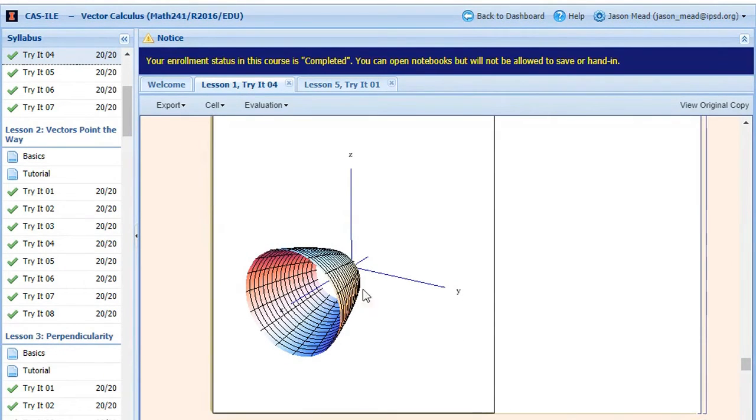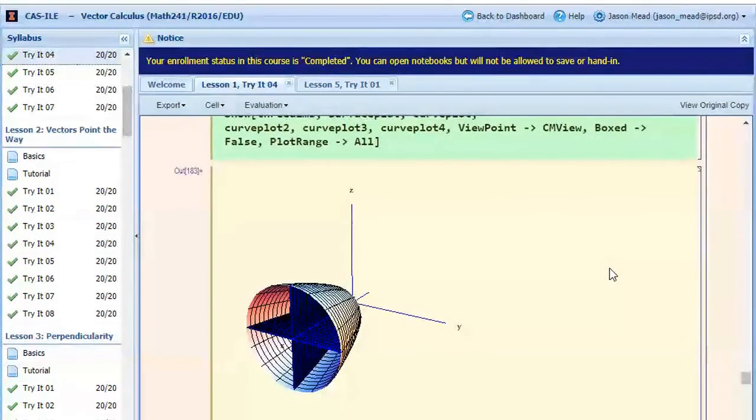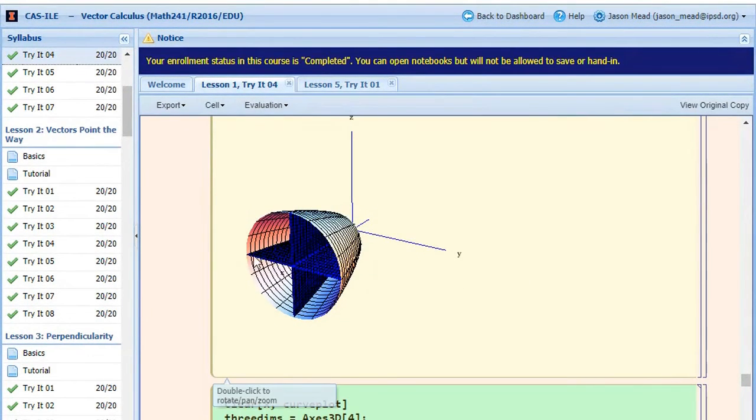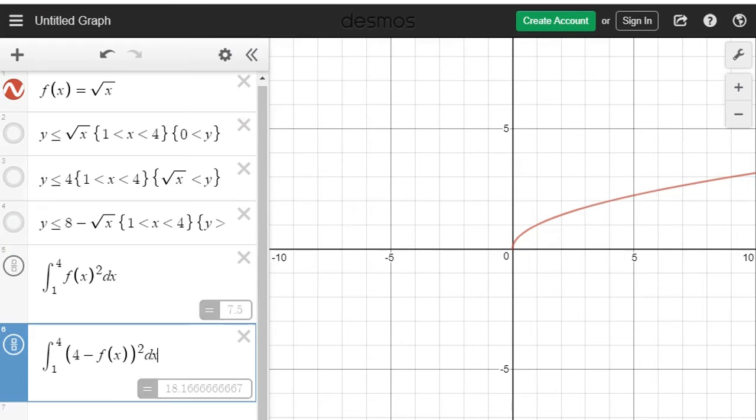This is hollow, so you can see through a little bit, but it would actually be entirely filled in. The entire thing would be filled in. That's the volume that we're trying to find.